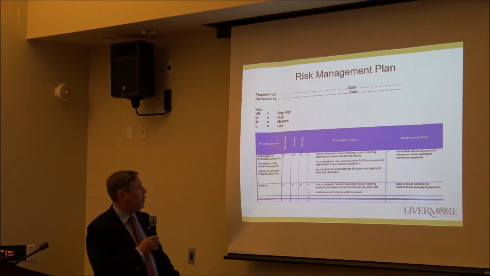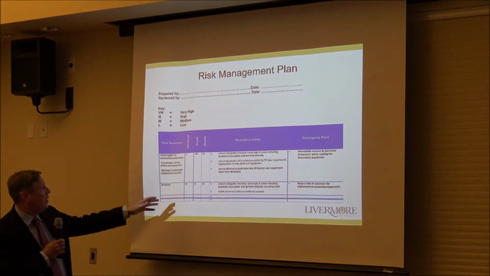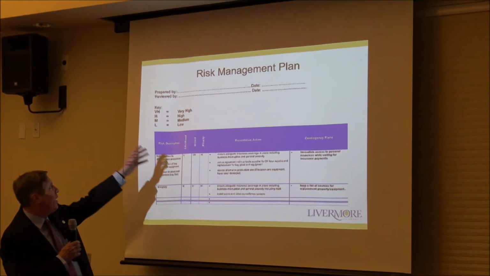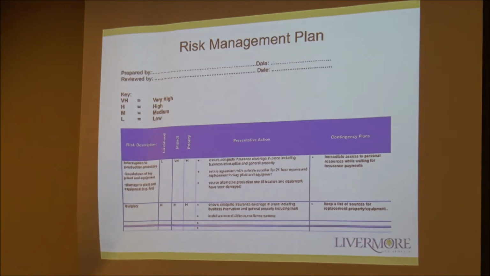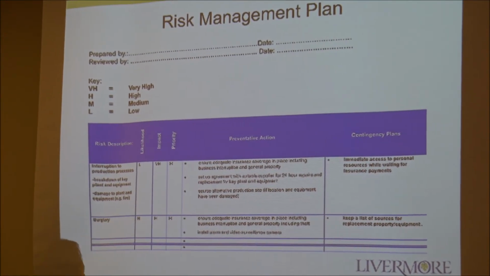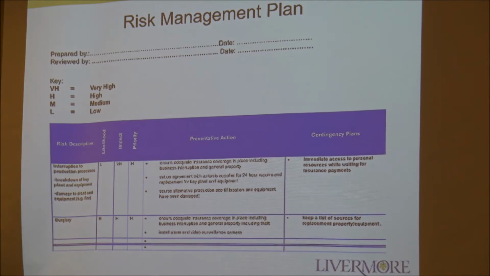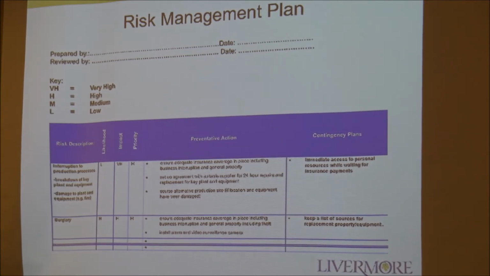So what we do is we want to go ahead and identify our risk, and then we're going to identify the likelihood that it occurs, and we'll rank them from very high, high, medium, and low. What would the impact be? What is the priority? So is this something I need to address now? Or is it something that's not really high on my list of things to deal with? So as ABC Widget Company, we make widgets.